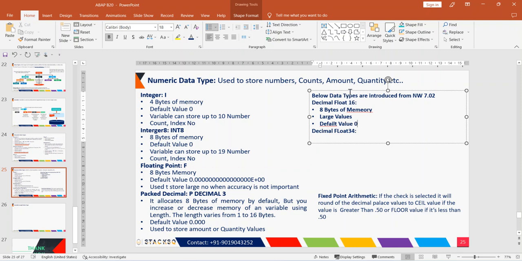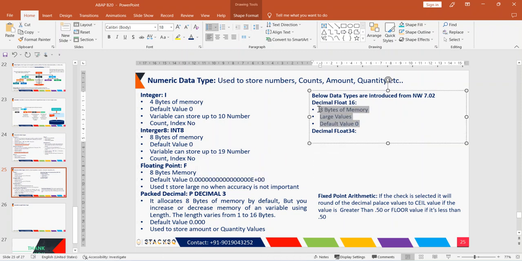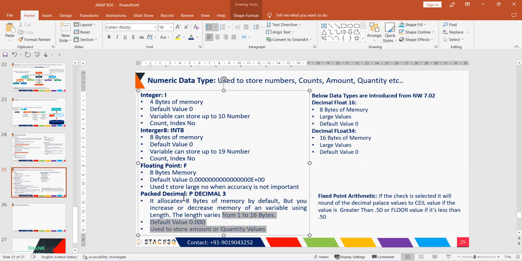What is the difference between floating point and this decimal float? Why has it been replaced? The reason is floating point always stores data in its format, but decimal float 16 or 34 is not like that. To some extent, for some numbers, it will store the value like packed decimal initially. It behaves like packed decimal. When the memory is full, the value will be converted to floating point. Till then you will have accurate values. That is the reason this has been replaced with this data type.